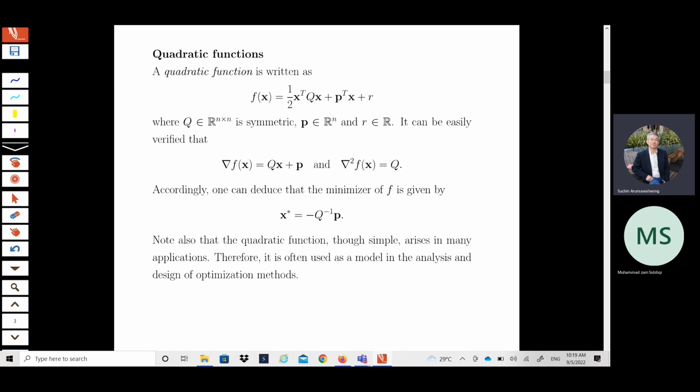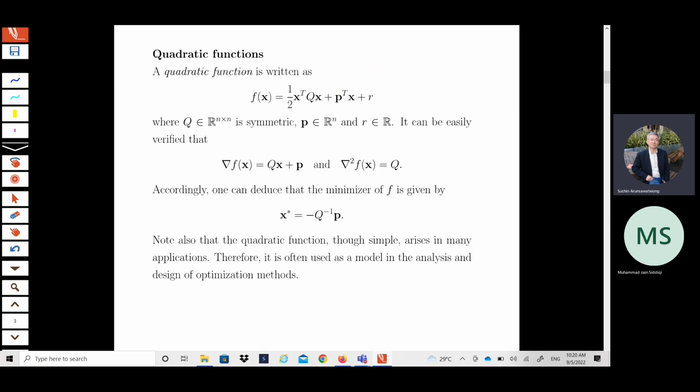In optimization, for quadratic functions, we know the analytical solution. When we know the analytical solution, very often people use this as a benchmark or test function.